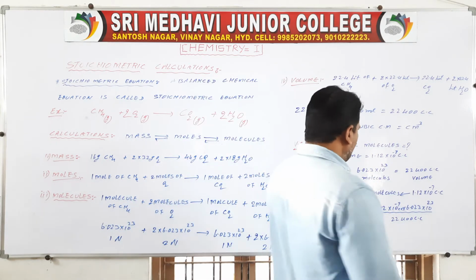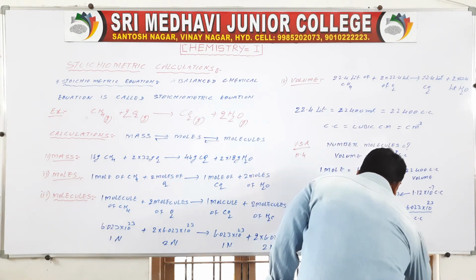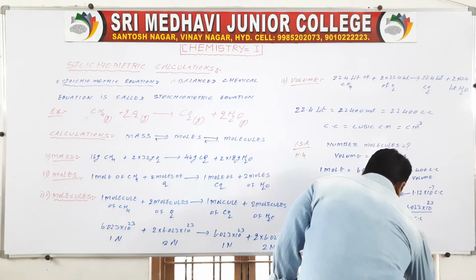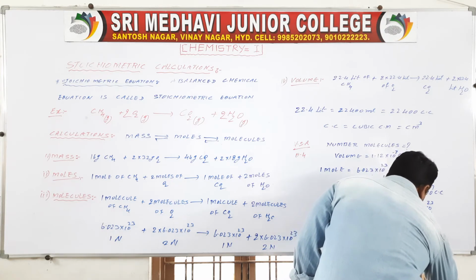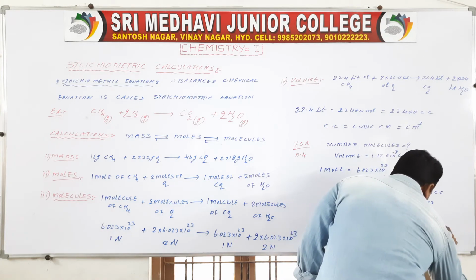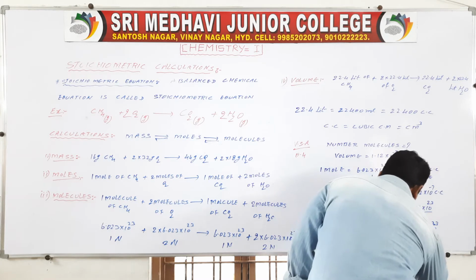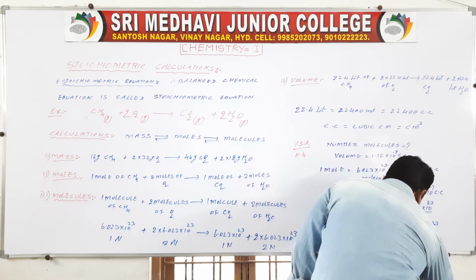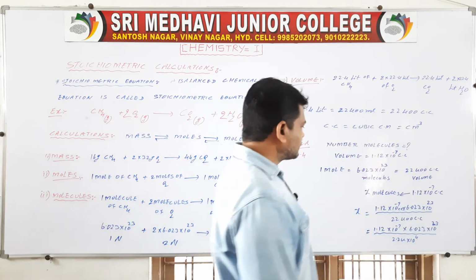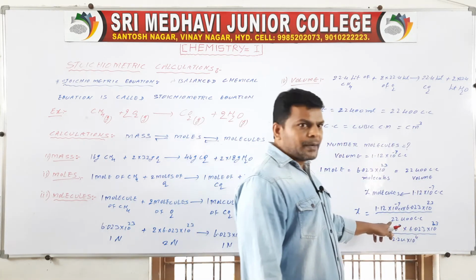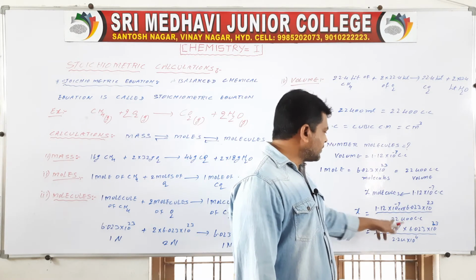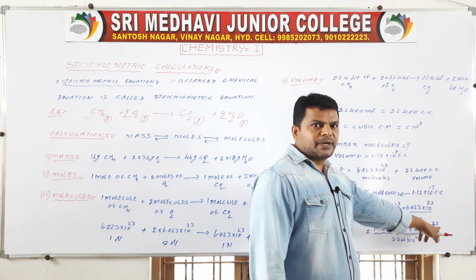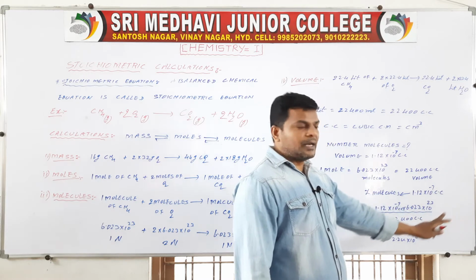Then it can be written as 1.12 into 10 power minus 7 into 6.023 into 10 power 23 by 2.24 into 10 power 4. So 4 going up means minus 4. Minus 4 minus 7 is minus 11. Minus 11 plus 23 is 10 power 12.